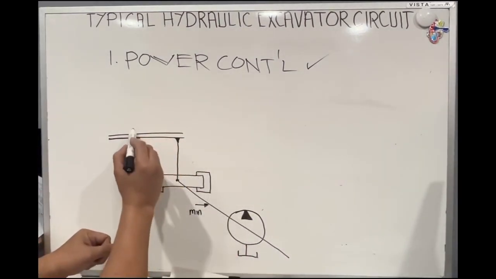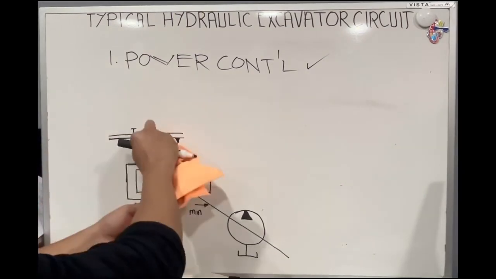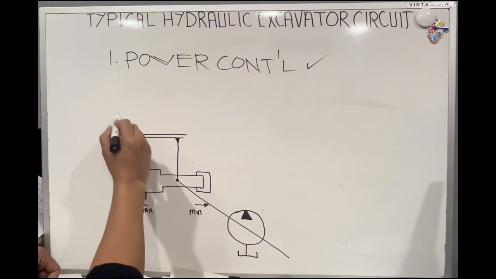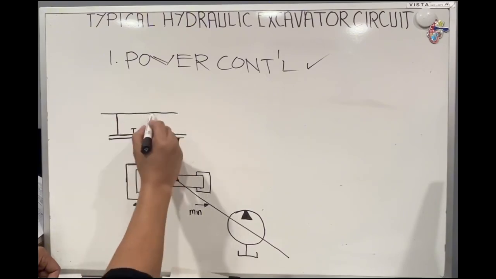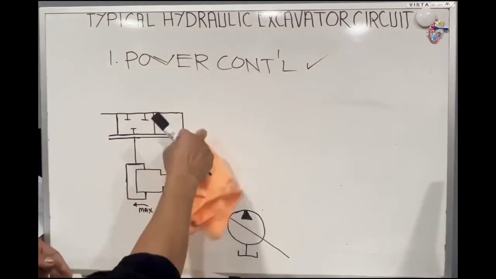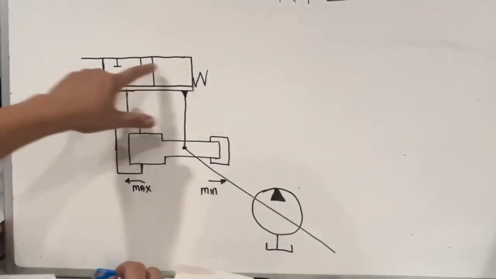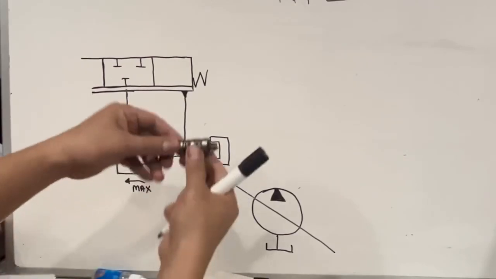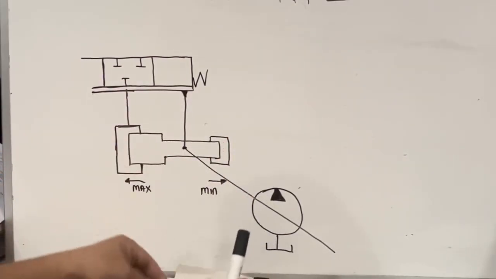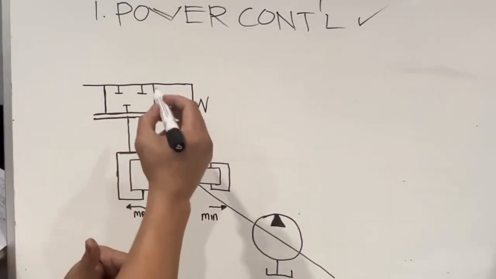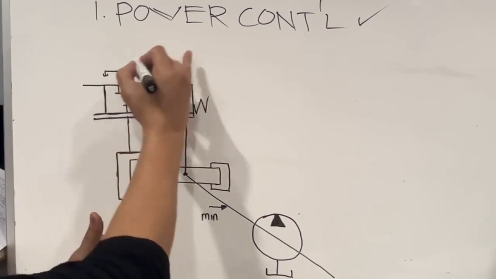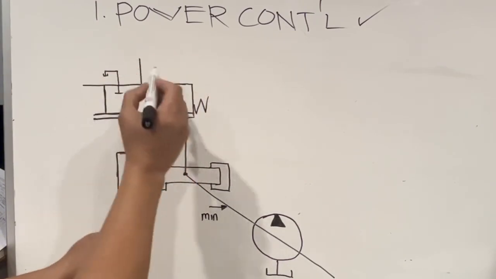So here is auto. This spool here and sleeve, this is the one. That's case drain.